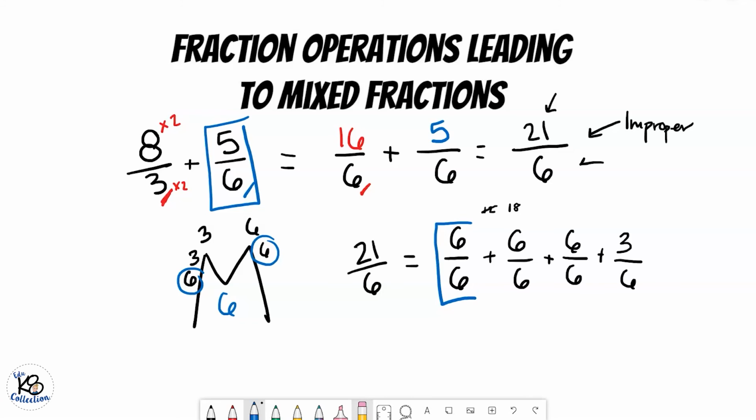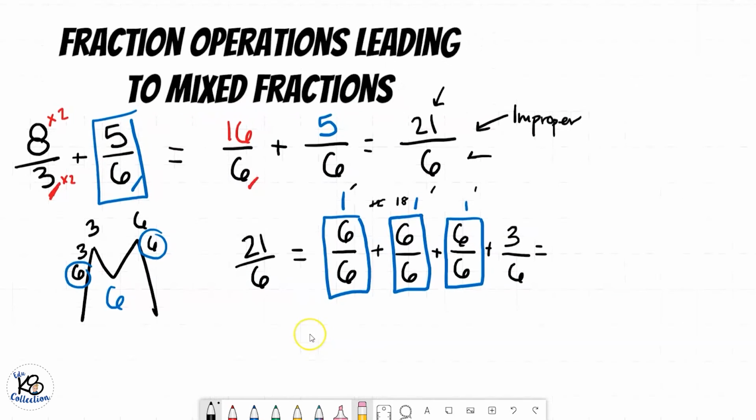Each of these 6 over 6 is equivalent to 1. 6 over 6 is 1, 6 over 6 is 1, 6 over 6 is 1. So in total, I have 1, 2, 3. I have 3 whole numbers plus this leftover 3/6. So 3 over 6.